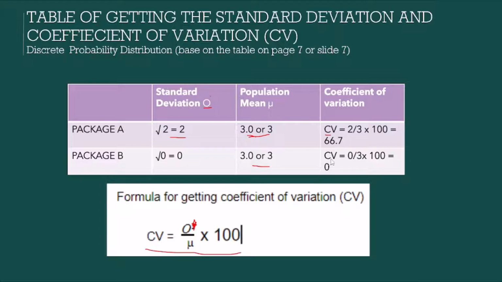We use the formula CV equals 0 over 3 times 100 equals 0. So that's how we get our percentage of the mean, or variability of the mean. And that's how we get the coefficient of variation and the standard deviation. Without the mean and the variance, we are not able to get the standard deviation and the coefficient of variation.